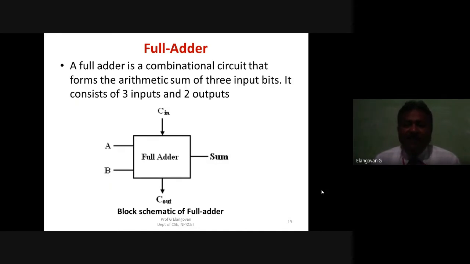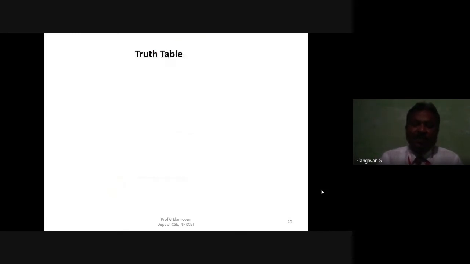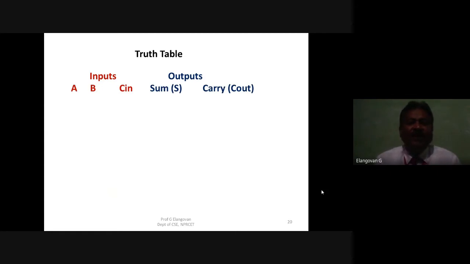That carry might be 0 or 1, that is a different issue, but it considers that carry. And it generates two outputs, one is the sum output, another one is the carry output. So the inputs are A, B, and Cin, and two outputs, sum and carry.